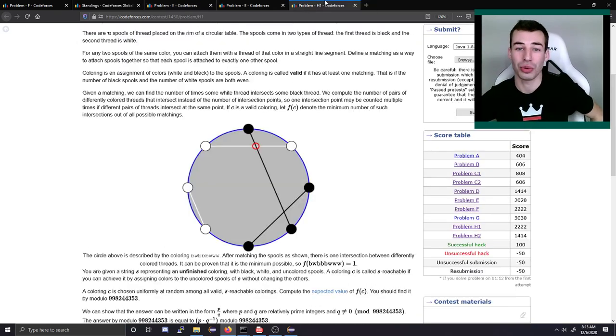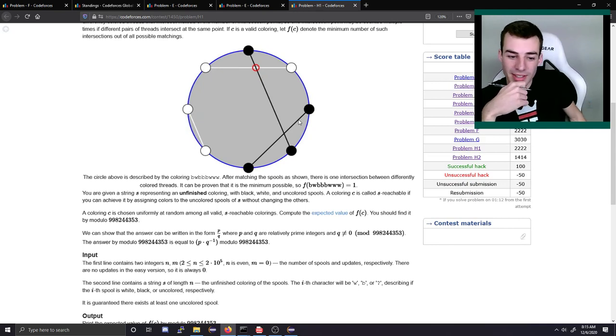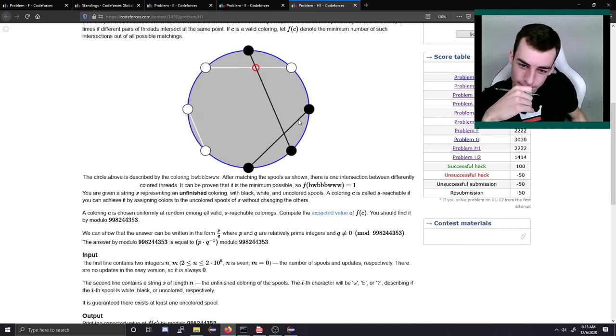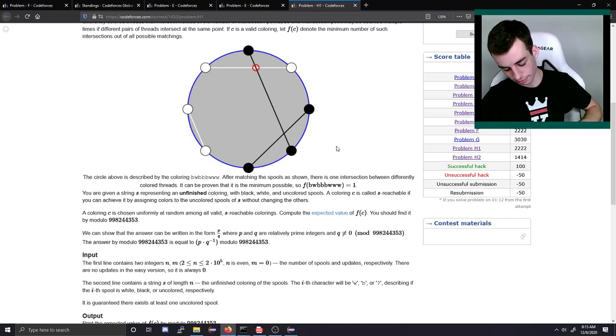You know, as much as I would love to solve this problem, it's very, well, I don't know, is it math heavy? Maybe it is, maybe it's not. So, okay, let's give it some fair shot here.